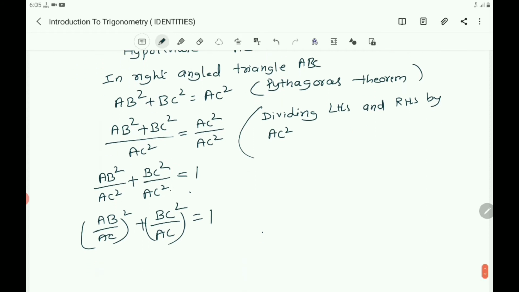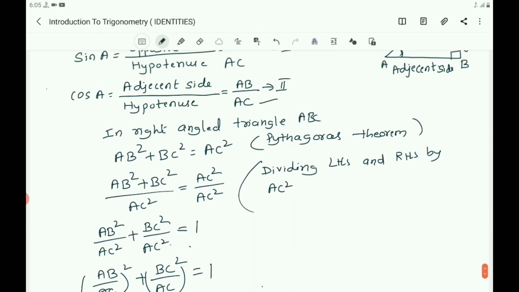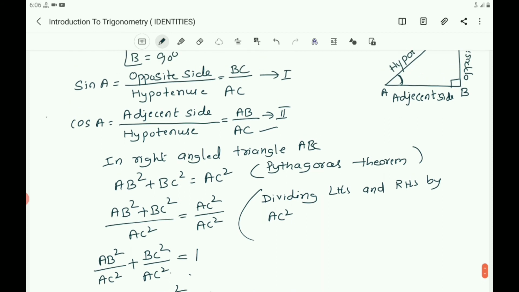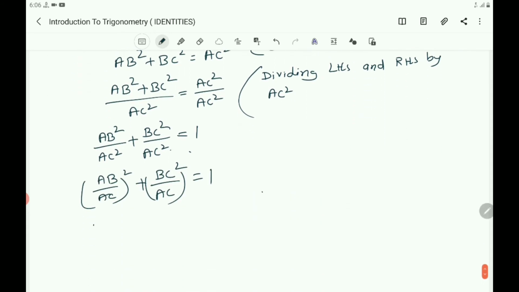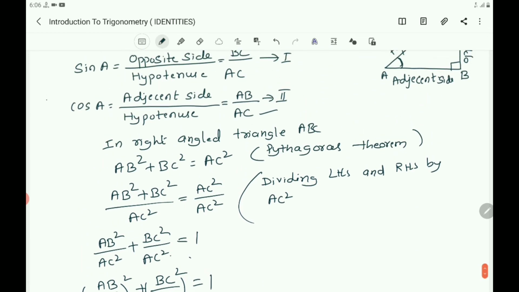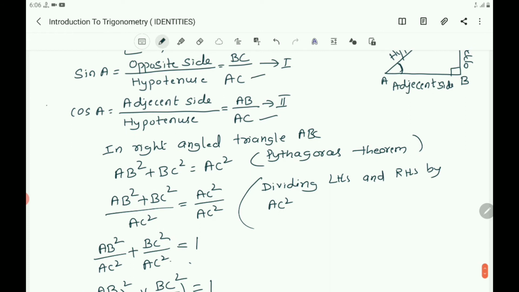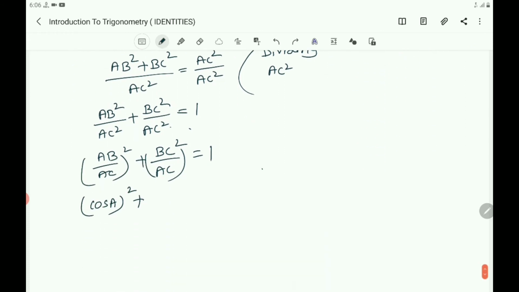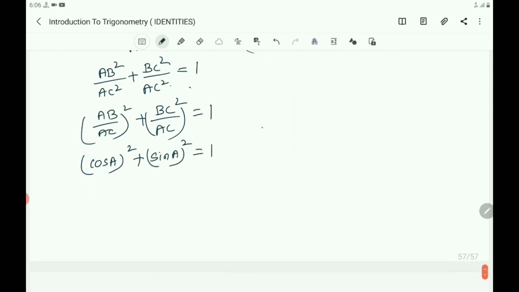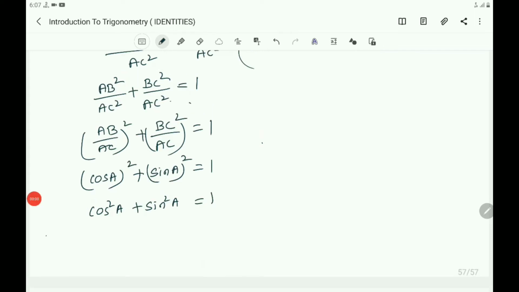AB by AC is cos A, so write cos A whole square, and BC by AC is sin A, so sin A whole square equals 1. Then it is cos square A plus sin square A equals 1. So you got the first identity, that is cos square A plus sin square A equals 1.